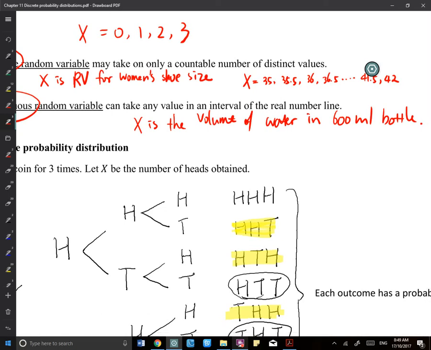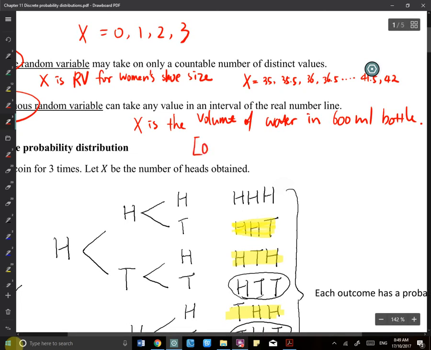So how much water can you have? You can have from 0 to 600, right? But any value in between is possible to take.